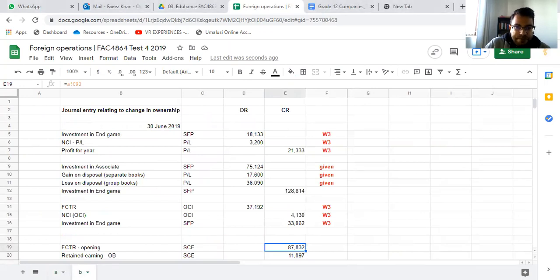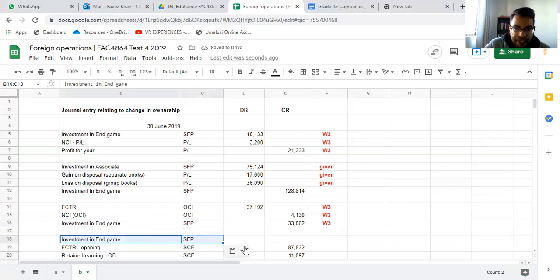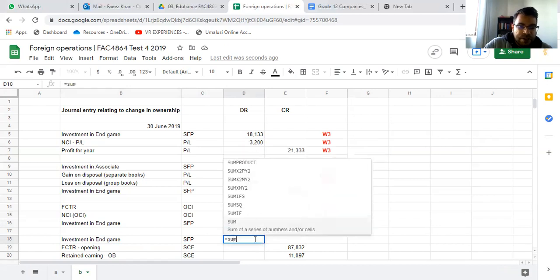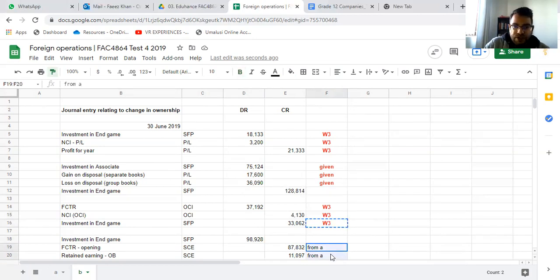Then the difference is going to go to investment in Endgame, which is going to equal the sum of those 2. Okay, so that is basically those journal entries. So these journal entries is what they were looking for.